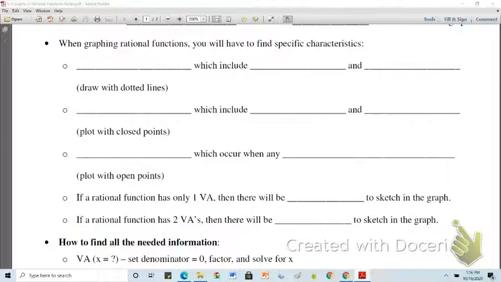When graphing rational functions, you will have to find some specific characteristics. You are going to have to find all of the asymptotes.